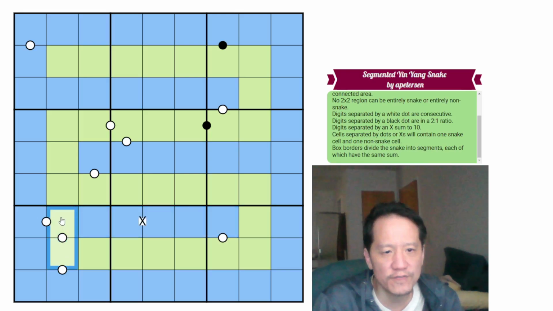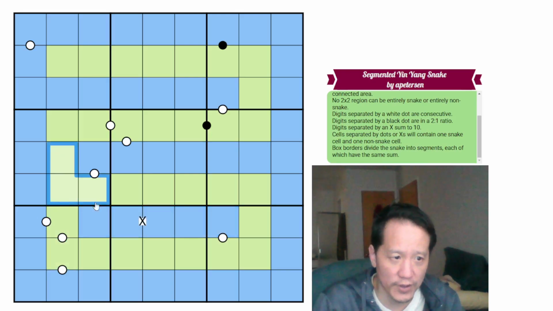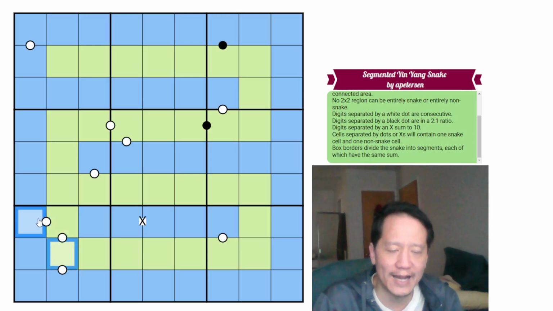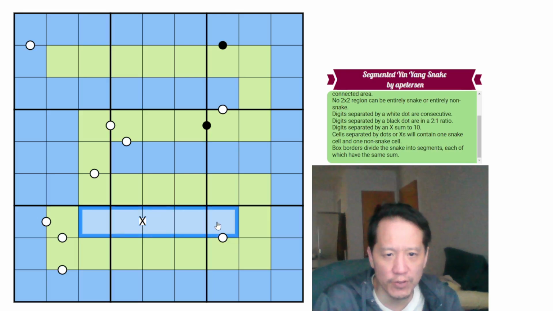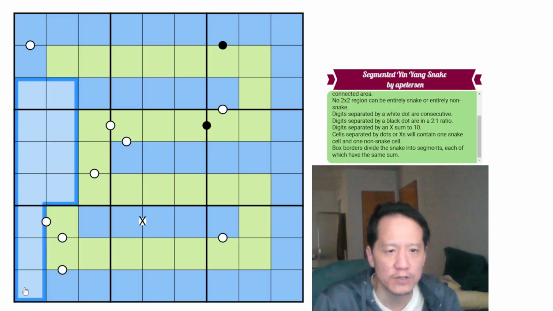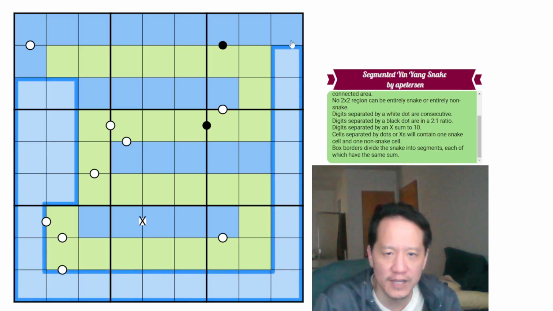It can't touch itself orthogonally, or actually diagonally, because if it did, say this was green, it couldn't touch itself even diagonally, because that would block off the non-snake parts from being one orthogonally connected region.